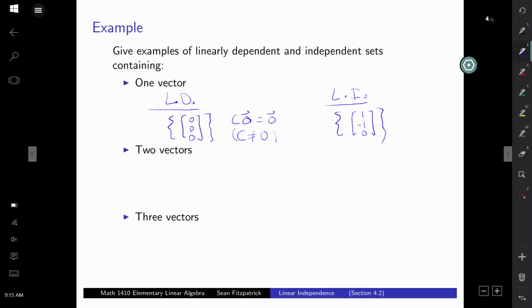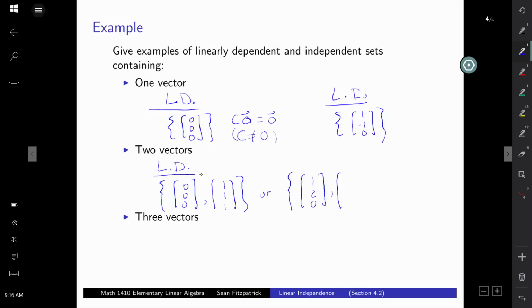There we go. Okay, what about with two vectors? Well, there's a couple of ways I can create a linearly dependent set containing two vectors. One would be to just choose one of the vectors to be the zero vector. Another one would be to choose two non-zero vectors that happen to be scalar multiples of each other.